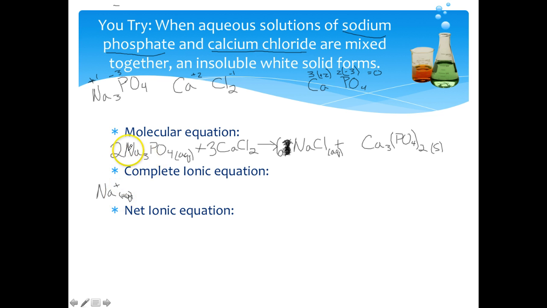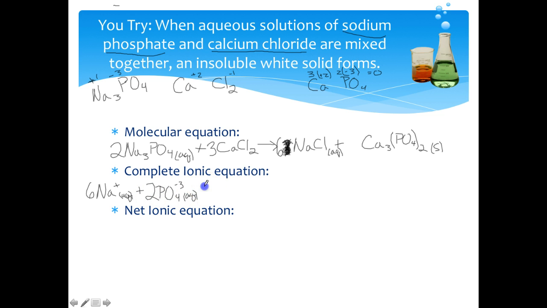How many are there? 2 times 3 is 6. Plus the PO4 with its minus 3 charge, and it too is aqueous, and there are 2 of them.